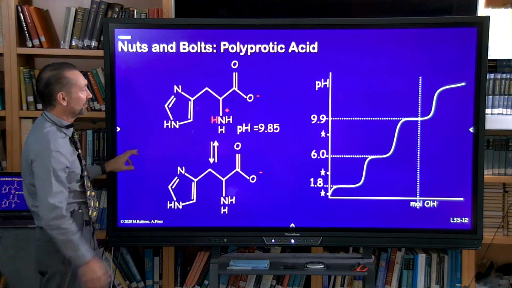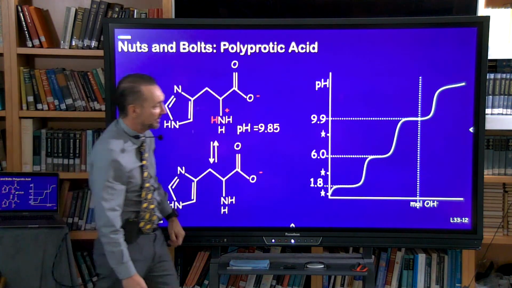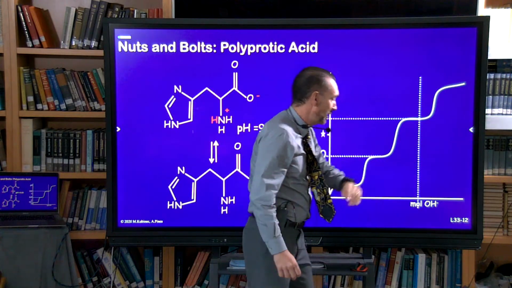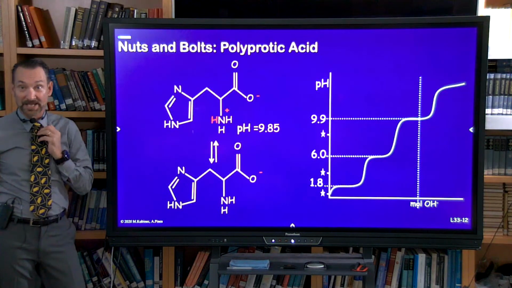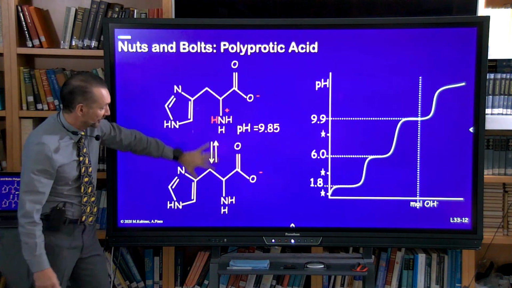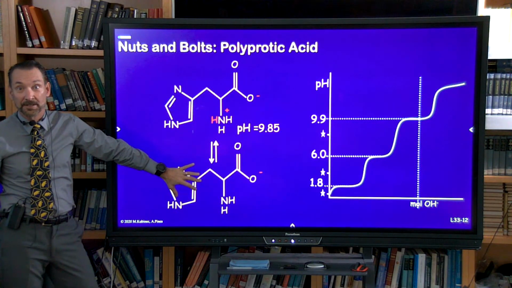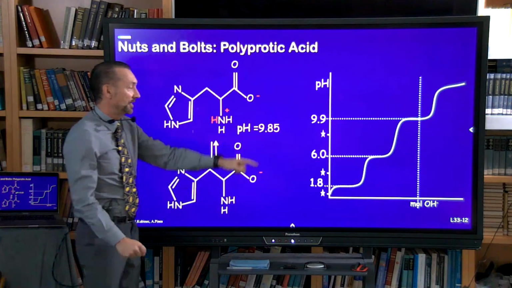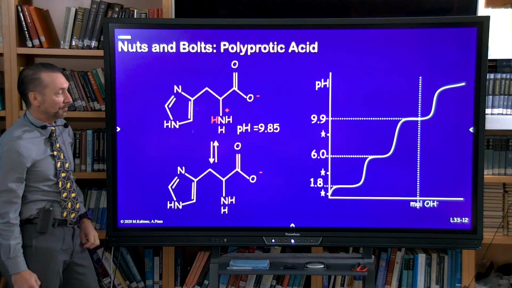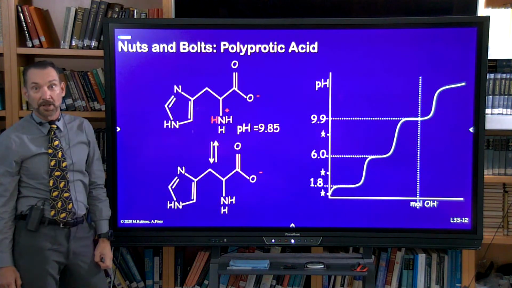And then if you continue to add base, all those protons will come off and your pH will be determined simply because you're adding strong base to a solution that now is completely weak base and cannot do anything to affect the pH. You've removed all the protons and it's just the moles of OH that you're adding, no protons left to take off this molecule.